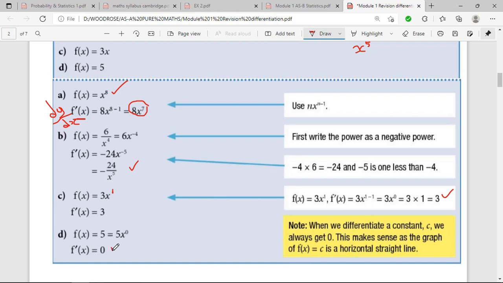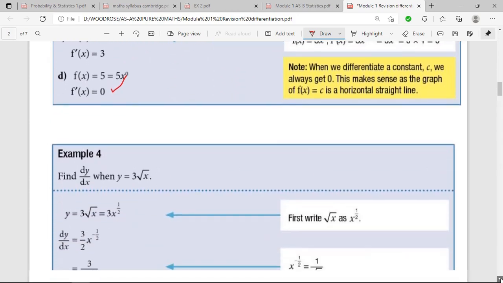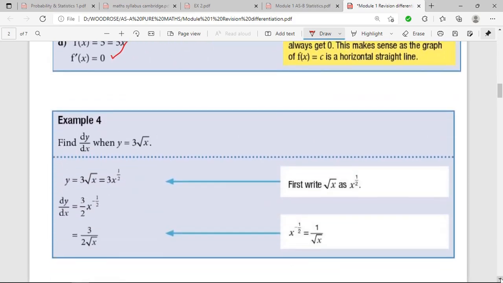So if you differentiate a constant, you get 0. You must know that when we differentiate a constant, or a number, we always get 0. Right? Moving on to the next example. We have this one. Our dy dx is equal to this.